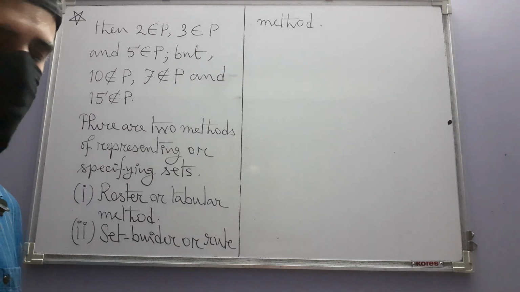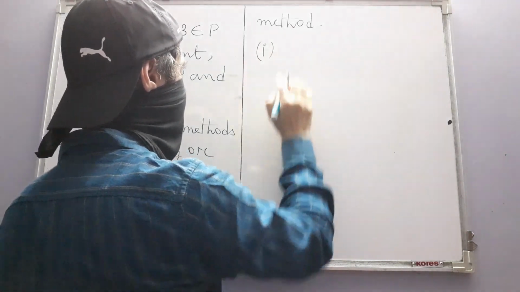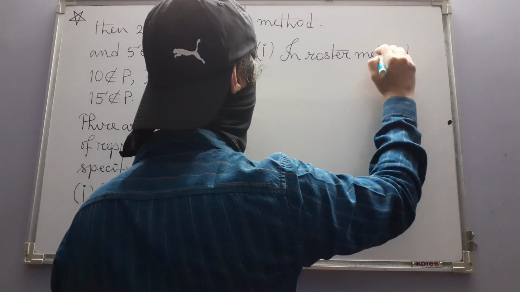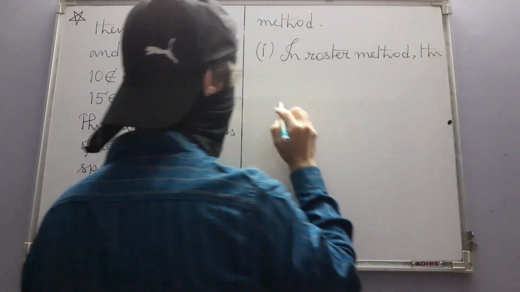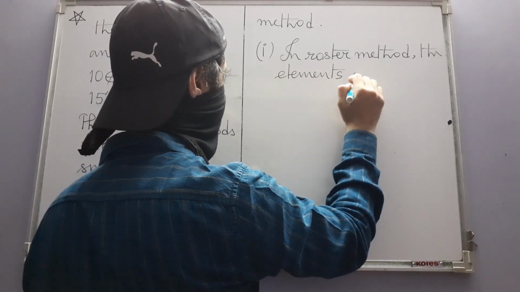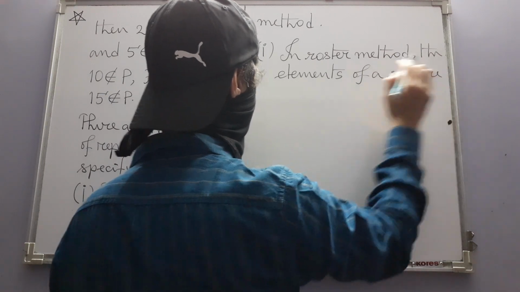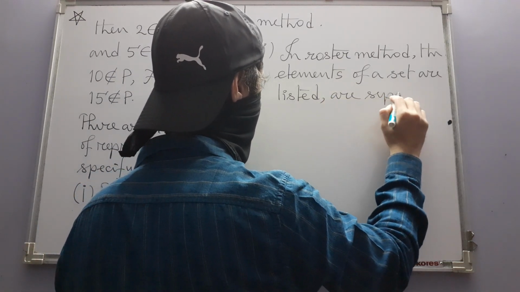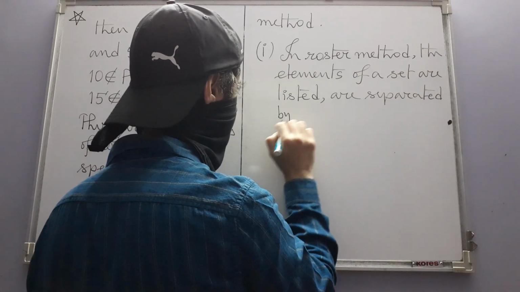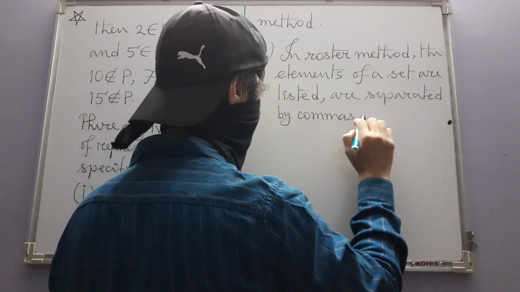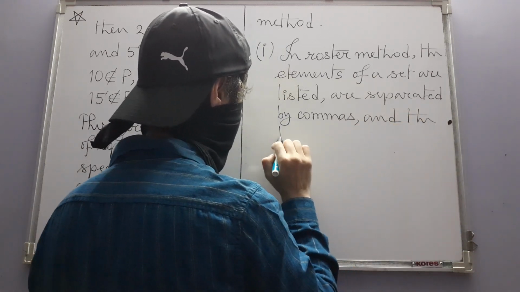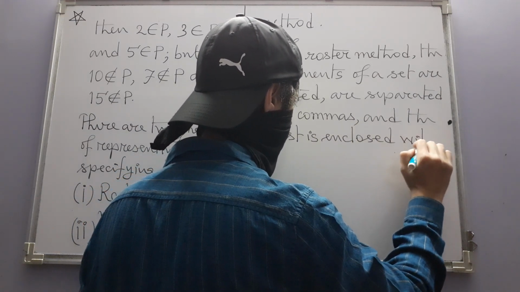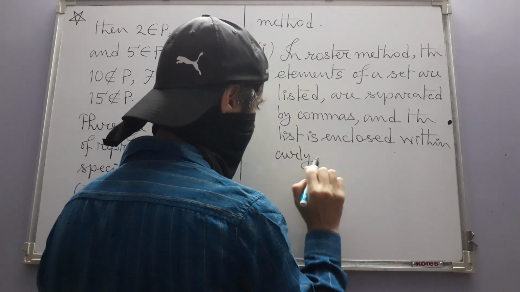So let us first see roster method. In roster method, the elements of a set are listed, separated by commas, and the list is enclosed within curly brackets.